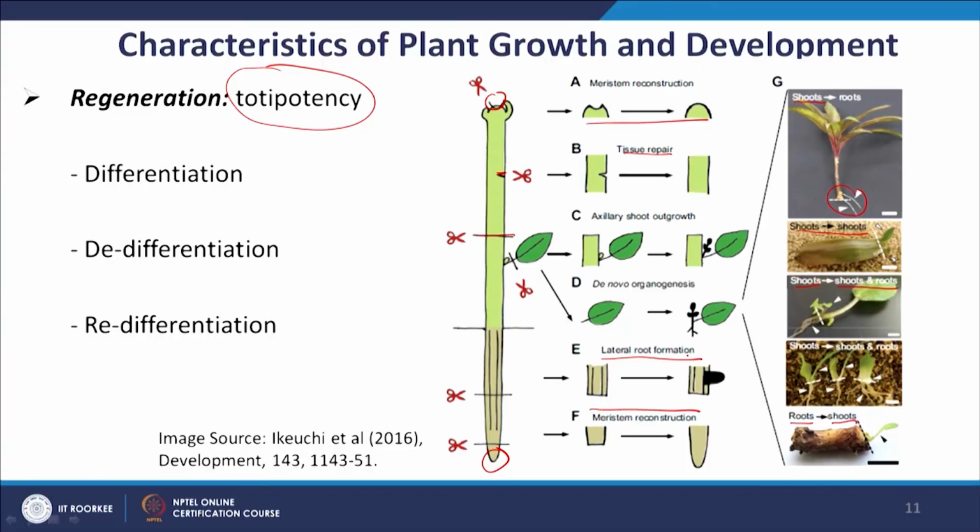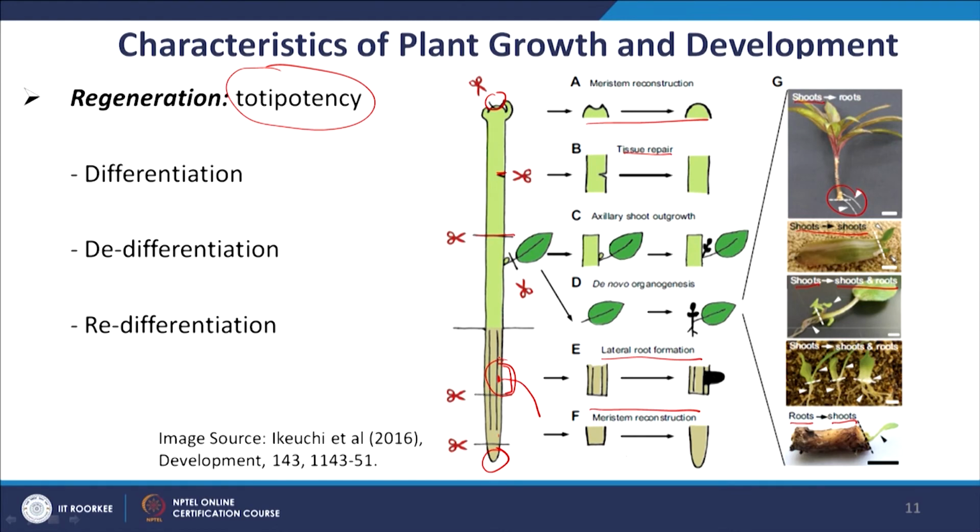Another important developmental program is lateral root formation. As I said, when the plant is growing along the apical-basal axis, it grows using its shoot apical meristem and root apical meristem. But once these tissues enter the region of differentiation, a new meristem is generated somewhere here, and this meristem acquires a capability and makes lateral root primordia, and eventually lateral roots come out from here. So, there is a difference from the apex.